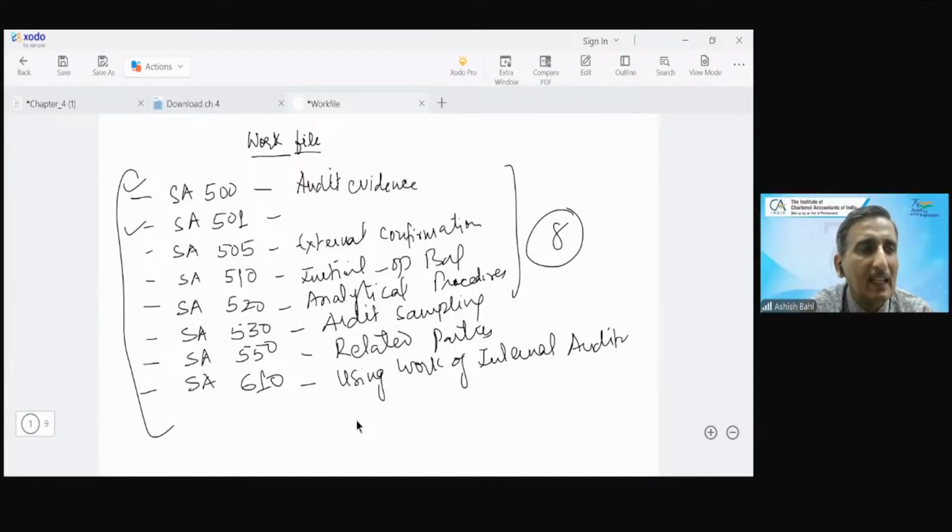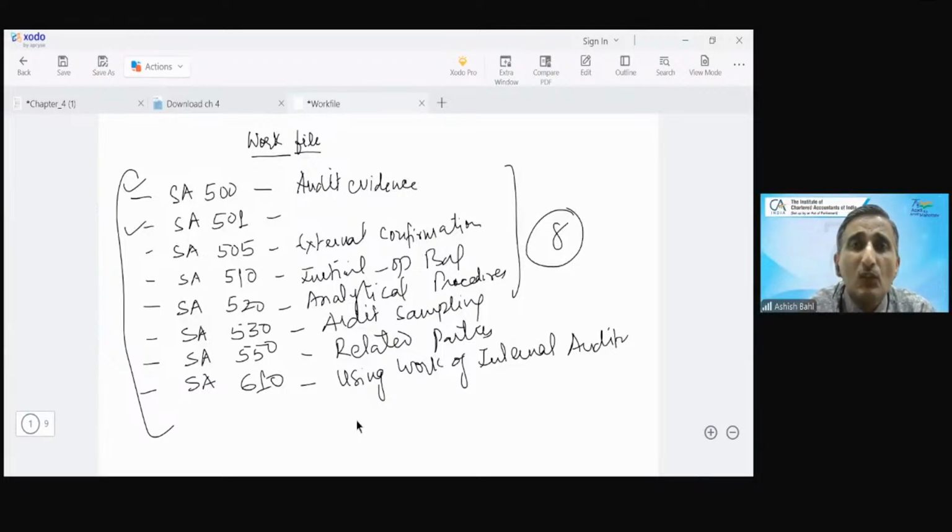Sales invoice is internal audit evidence. Yes, because it is issued by the internal staff. Yes, right. So you clearly understand the difference between internal audit evidence and external audit evidence.